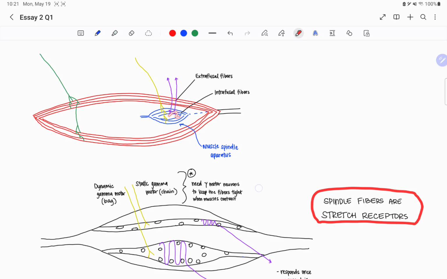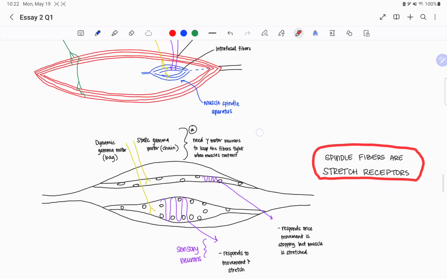Now we have these little guys kind of inside here, near to the tendon, that are called intrafusal fibers. Okay, and they're known as muscle spindle apparatus. All right, and now they are stretch receptors. So whenever our muscles are being stretched, they are aware of that. They let us know kind of what's happening to our muscles.